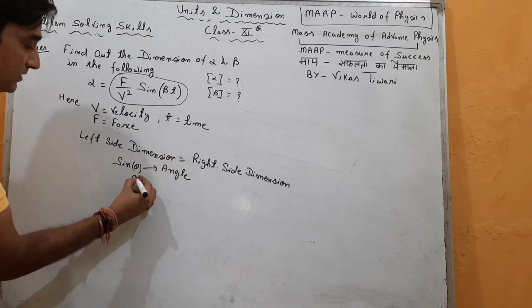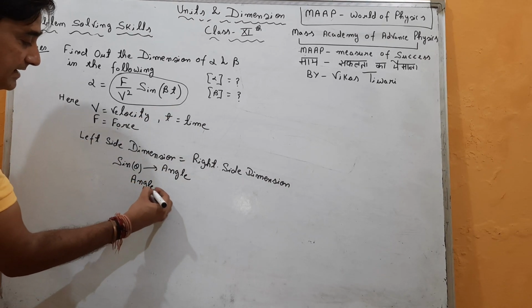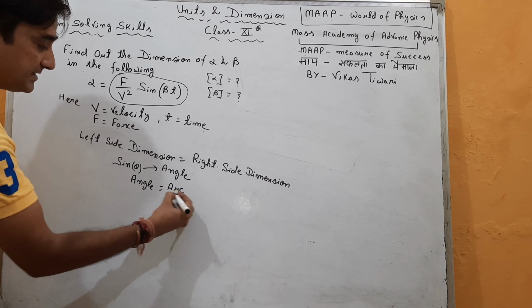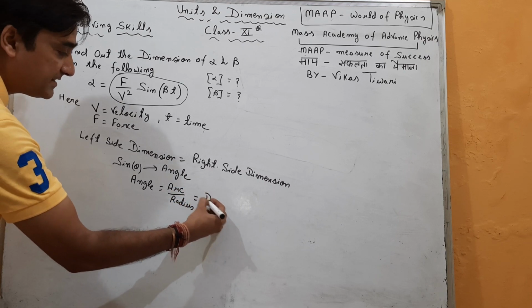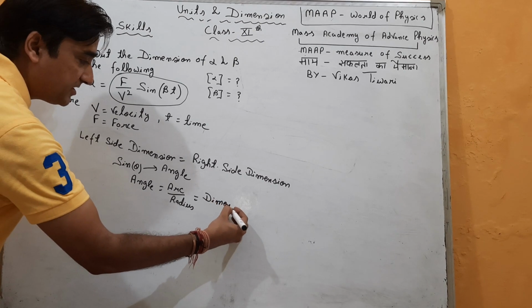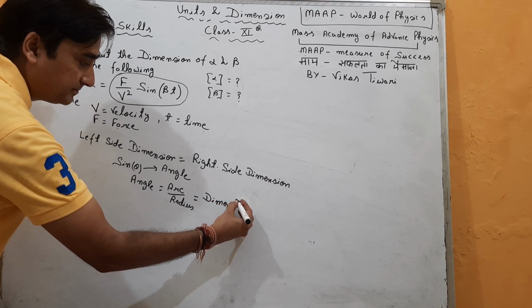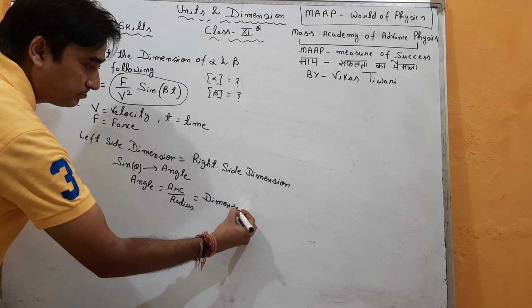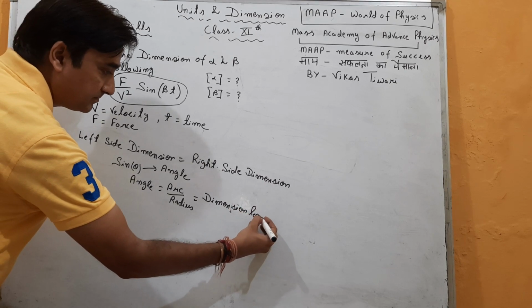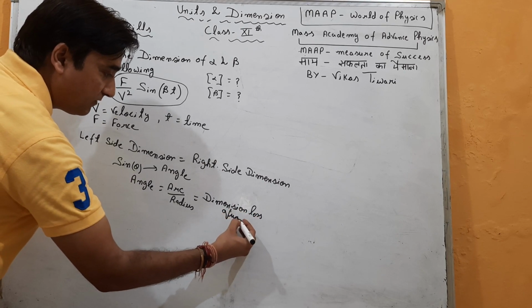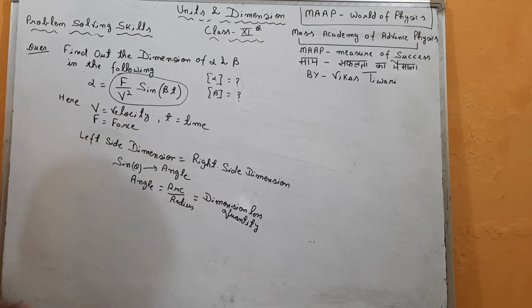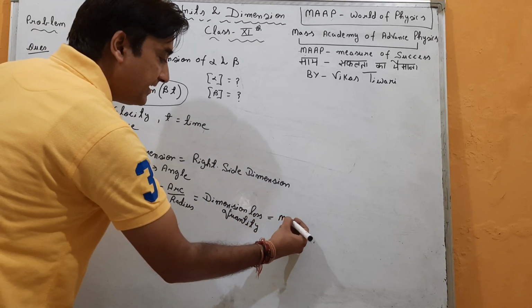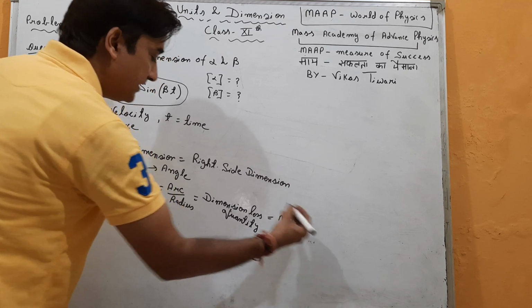So how has the angle been defined? Angle is defined as arc upon radius, and it is a dimensionless quantity. So angle is always dimensionless, and we can write M0 L0 T0.